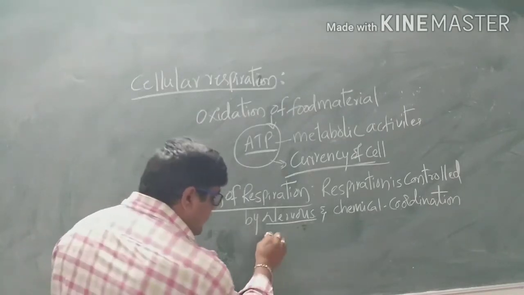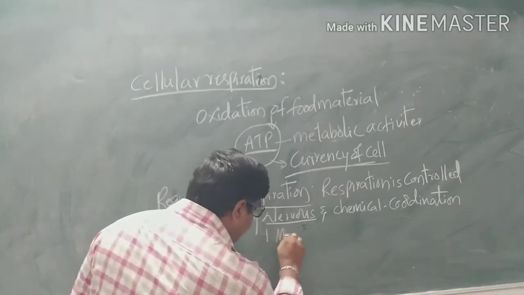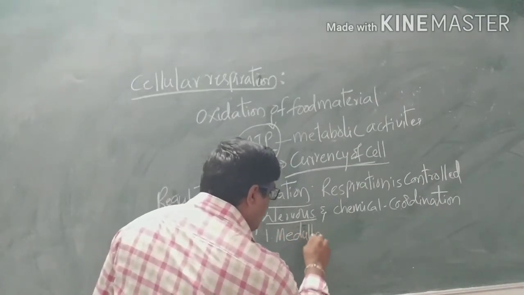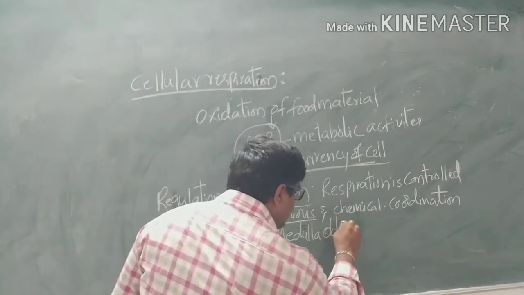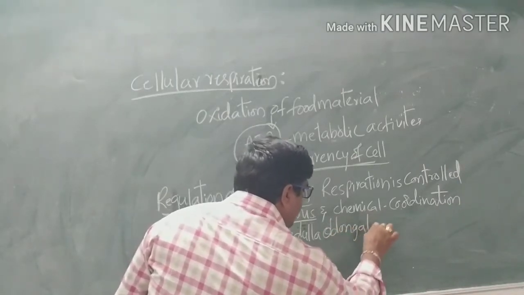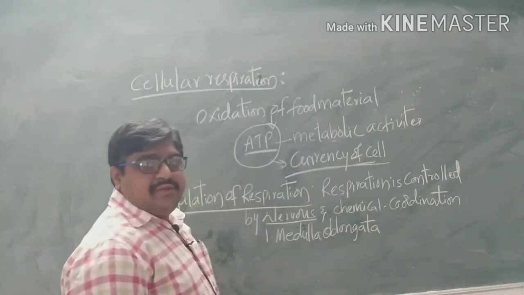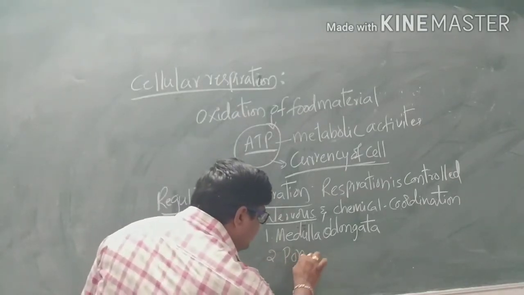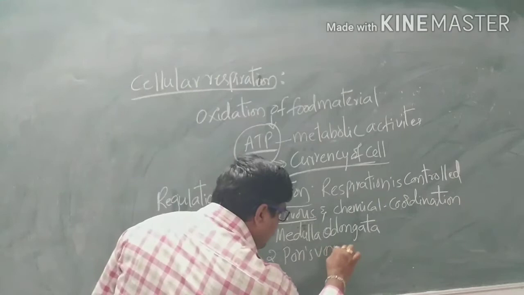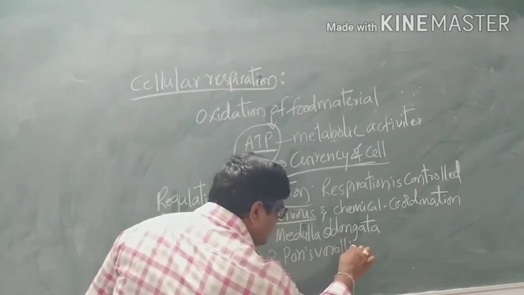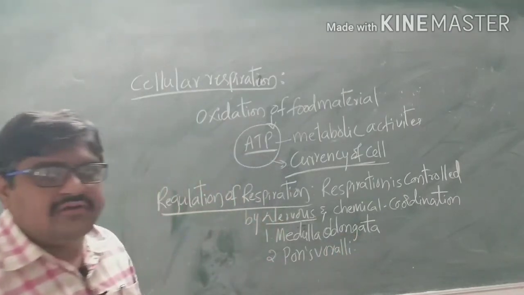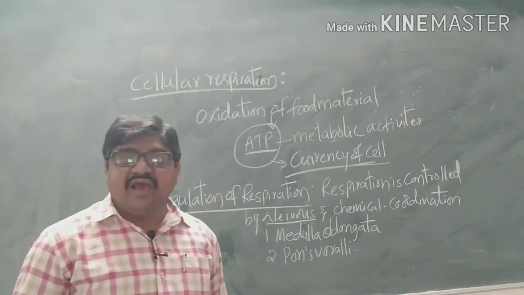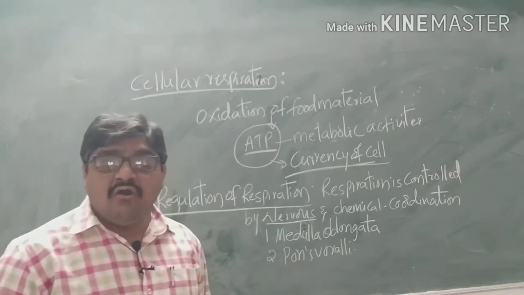The first one is the medulla oblongata and the second one is the pons varolii. These are the two organs which are helpful for regulating respiration.